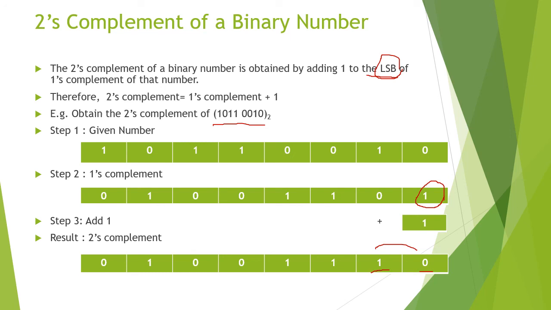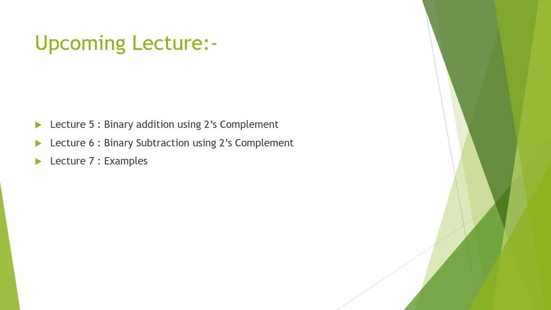This is very important for the next lectures where we are going to study the binary addition and subtraction using twos complement. So for that we must first know the concept of ones and twos complement. That's why I have completely devoted this lecture to the ones and twos complement. Though it is easy, still your concept must be clear.